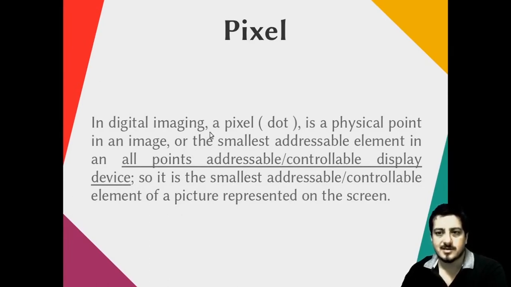In digital imaging, a pixel, also called a dot, is a physical point in an image or the smallest addressable element in an all-point addressable display device. So it is the smallest controllable element of a picture presented on the screen.